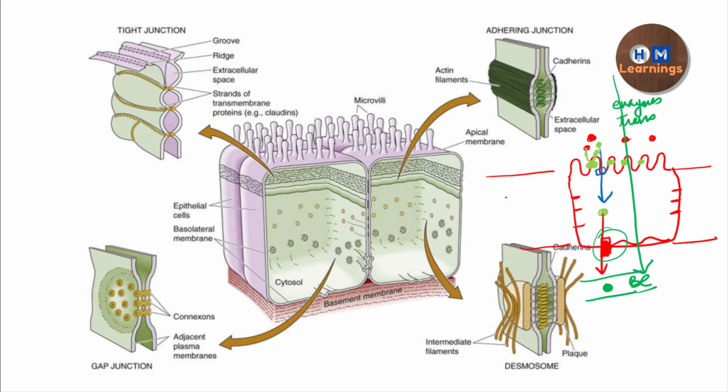Now apart from this, we have taken the example of epithelium having an absorption function, like in the intestine and the renal proximal tubule. There are other cells also. Suppose this is a capillary and there are simple squamous cells lining the capillary, and these are the nuclei of those cells.